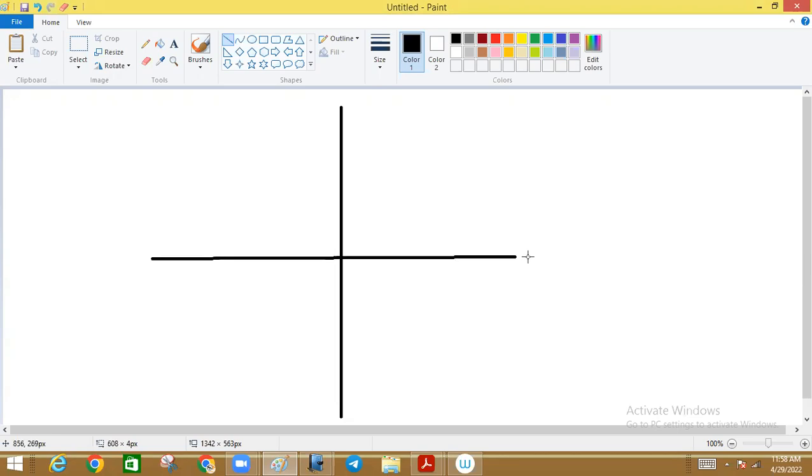Y-axis, x-axis. Can you tell me any point in the first quadrant? Any point in the first quadrant? Let's take (2, 5).